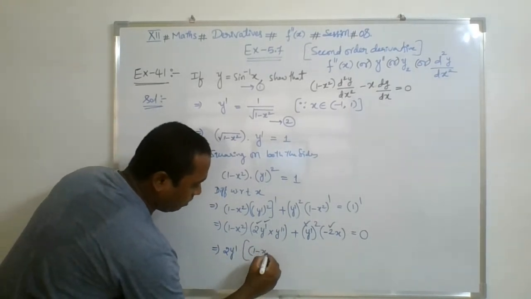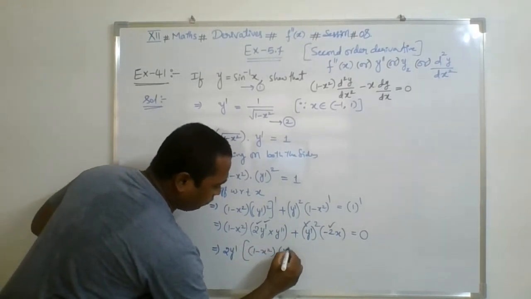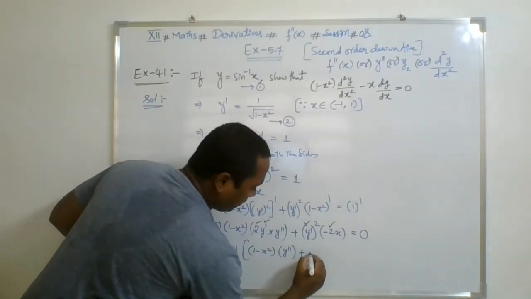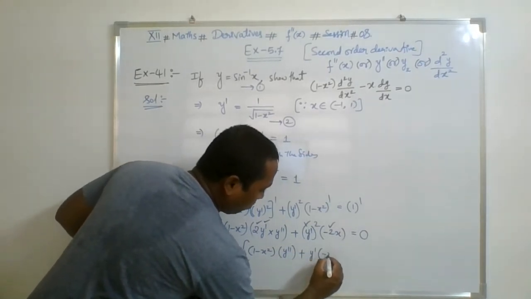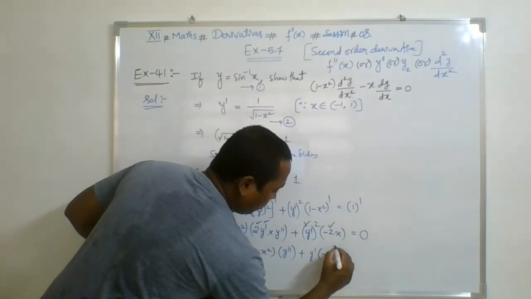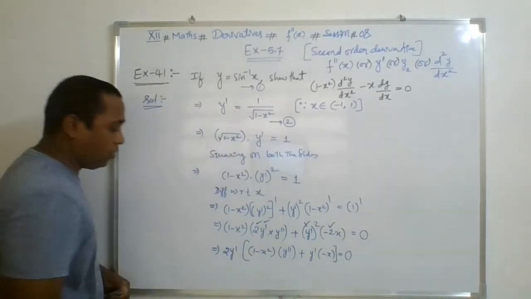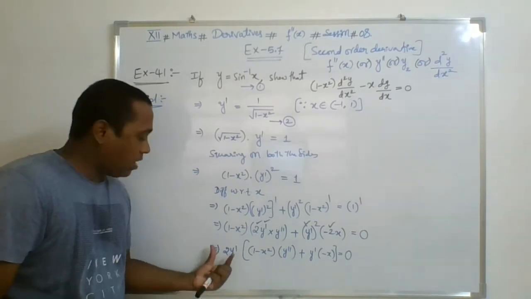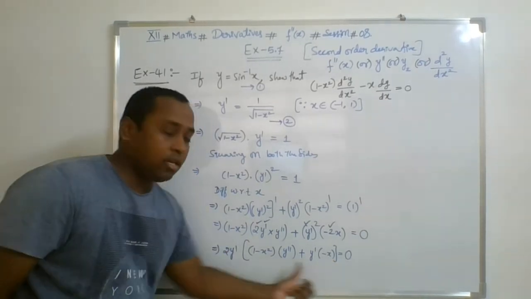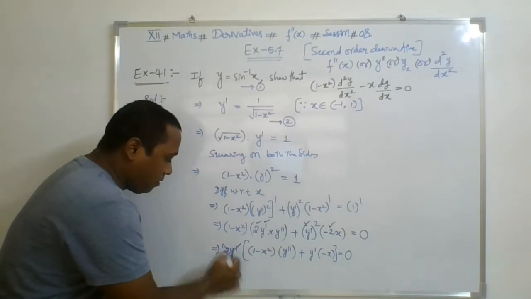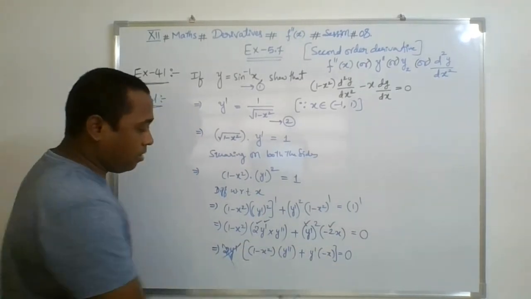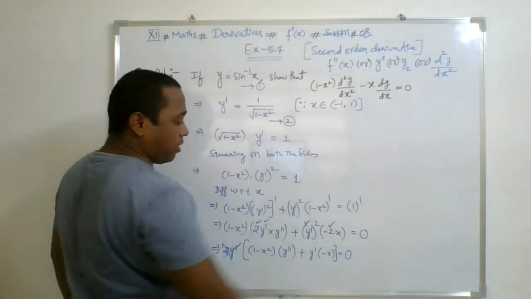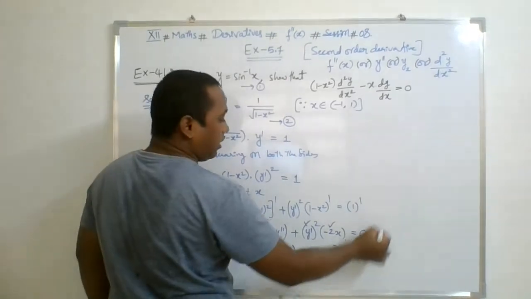The remaining is 1 minus x square into y double dash plus y dash into minus x equal to 0. Now, since y dash is a coefficient, it's just like a numeral, I can take it in the denominator, then it vanishes, right? The remaining would be the answer. You can see I got the answer directly.